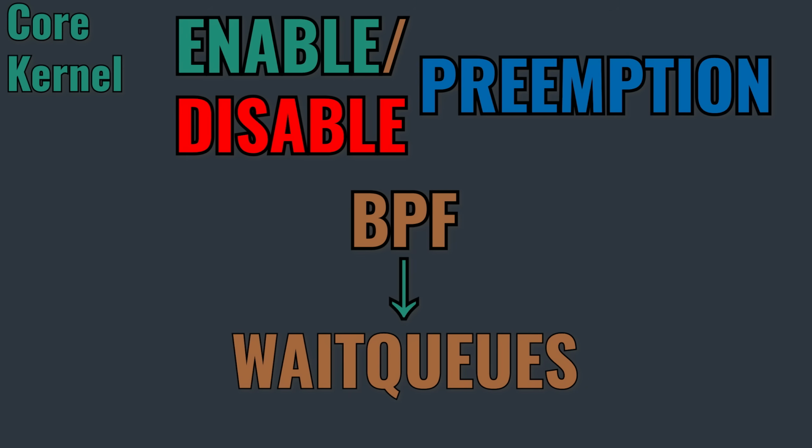So of course it's a huge waste, it's something that we don't want. So now that BPF can use those wait queues, it doesn't have to make a whole new implementation for it in user space. You can just use the kernel implementation and make everything simpler.